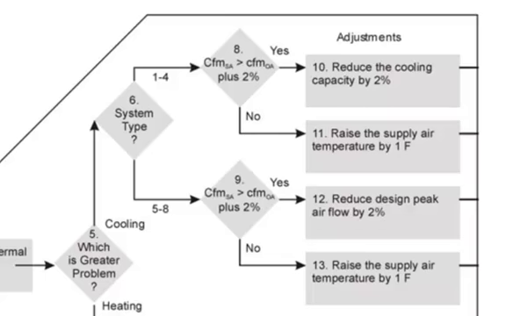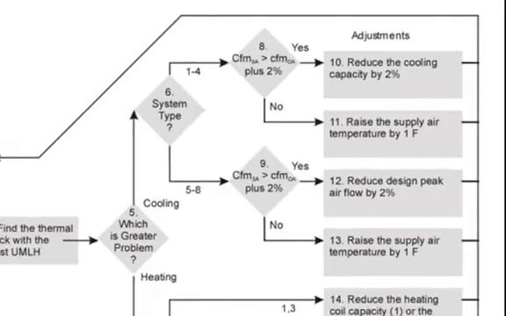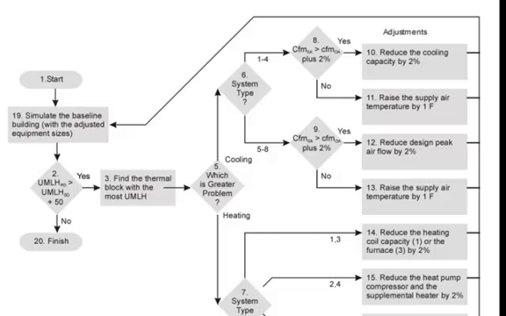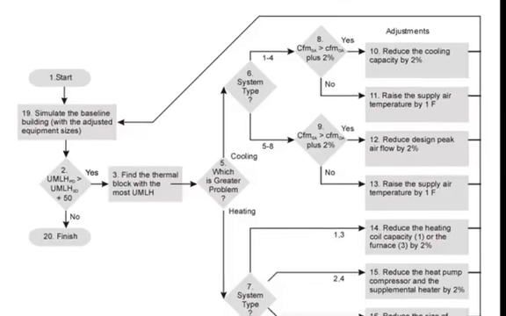Otherwise, you move to step 11 and you raise the supply air temperature by 1 degree. You make these adjustments and then you go back to step 19, simulate the baseline building again with the adjusted equipment sizes, and repeat the process until the unmet load hours are within 50 of the rated building or the proposed design.